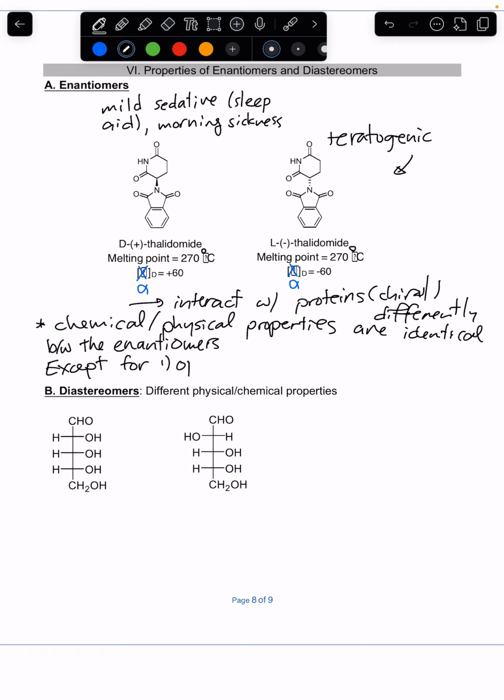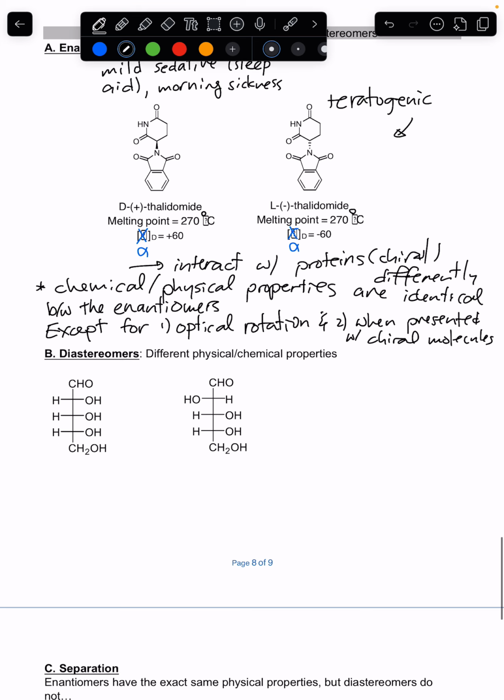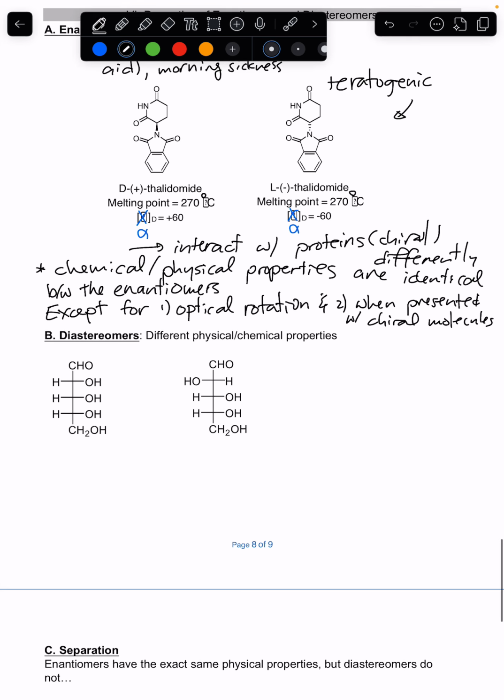So optical rotation is different, which way it bends the light, but it should be the same value. Or if they're in an environment where there are other chiral molecules, then the two enantiomers would behave a little differently. Okay, so that's enantiomers for you and their properties.